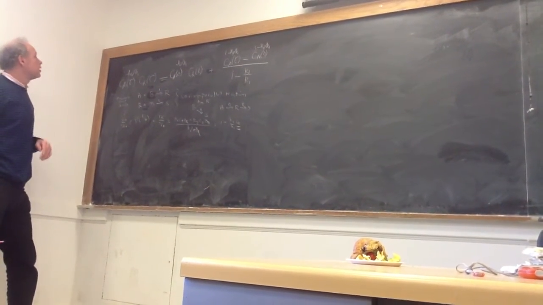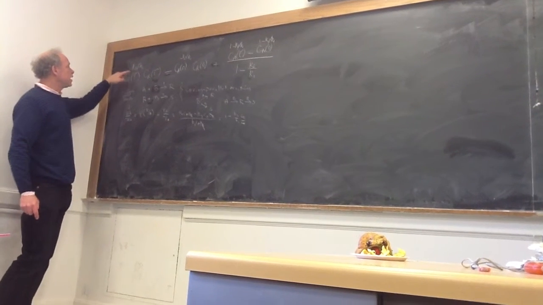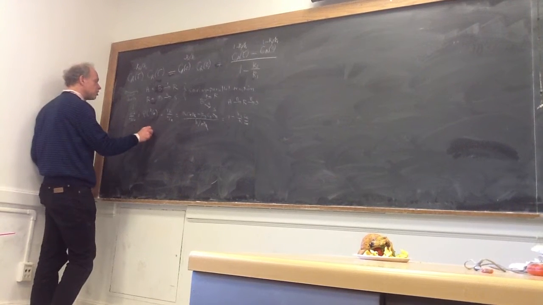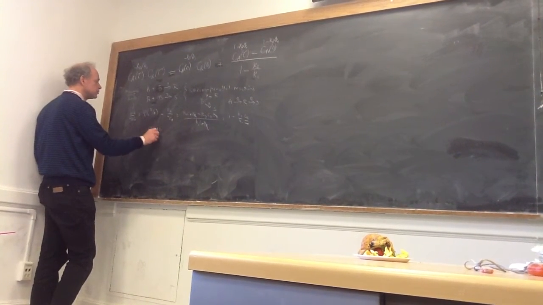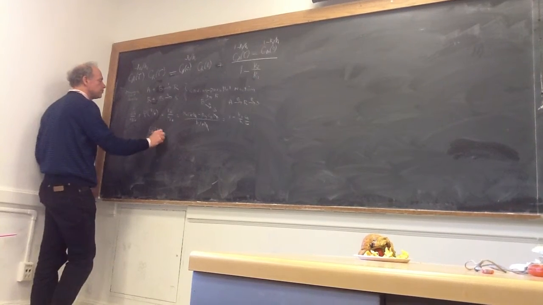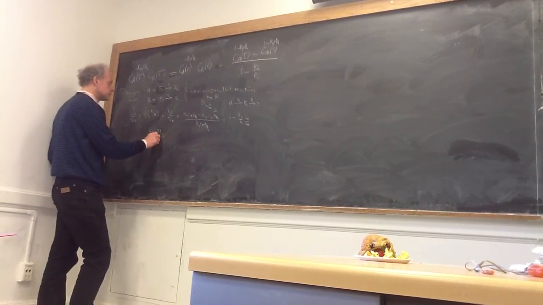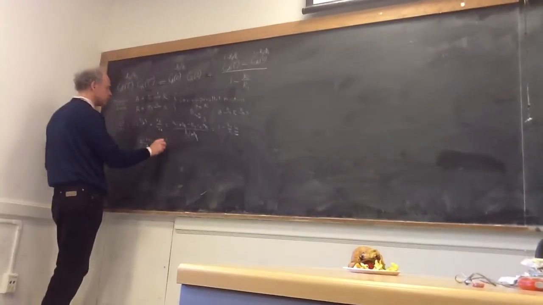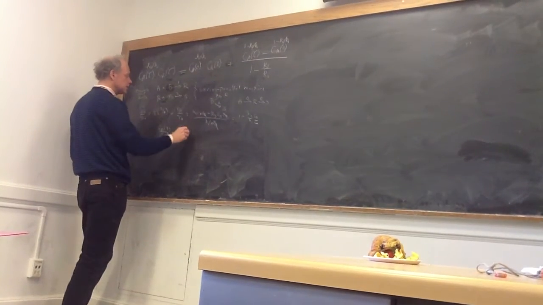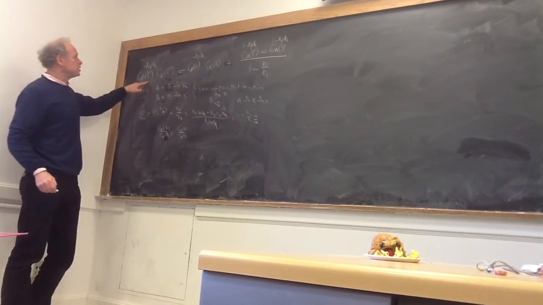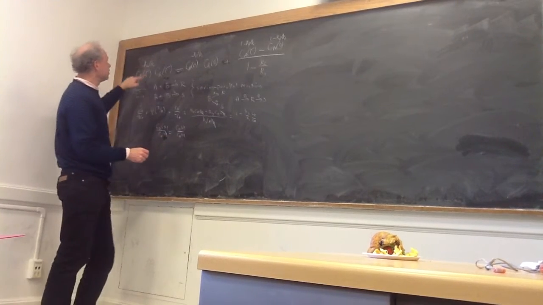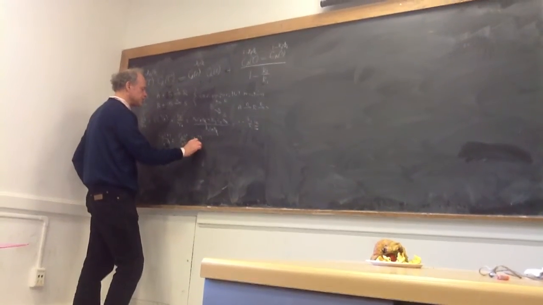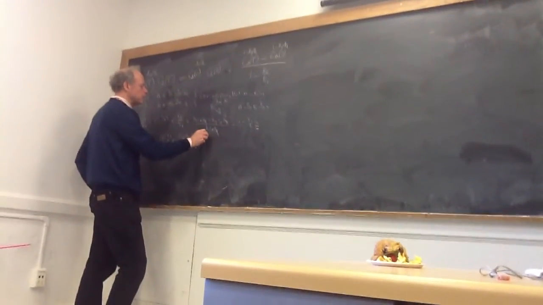And I can divide by CA, by the coefficient here, and by CA of 0. So I would like to have CR of tau divided by CA of 0, and that's equal to CR of 0 over CA of 0, this thing, times, now I divided by this, so I have this thing divided by this thing, which is just CA of tau over CA of 0 to the K2 over K1.